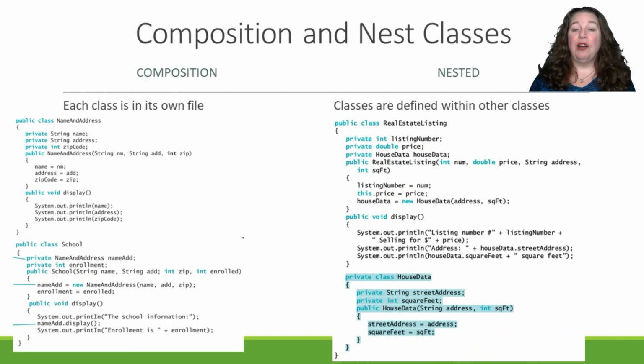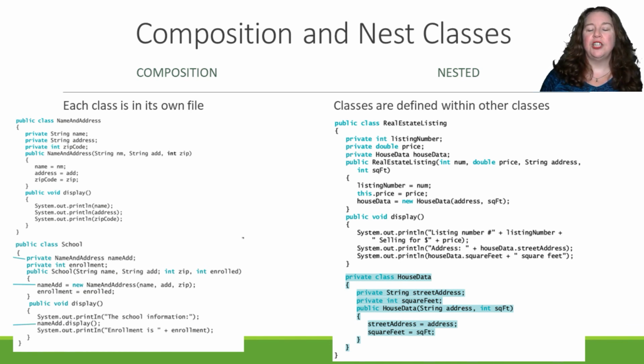We've been talking about how classes need to be in a file with the class name. Technically, that's true. However, you can nest classes. So in the first example, composition of classes, each class has its own file.